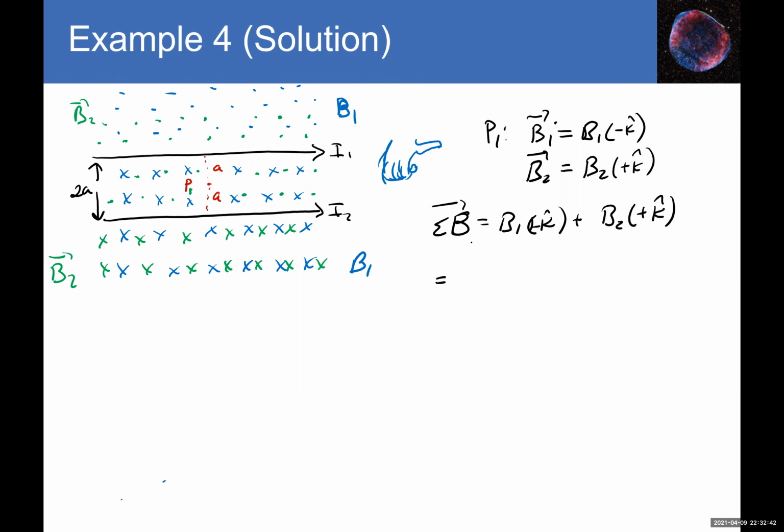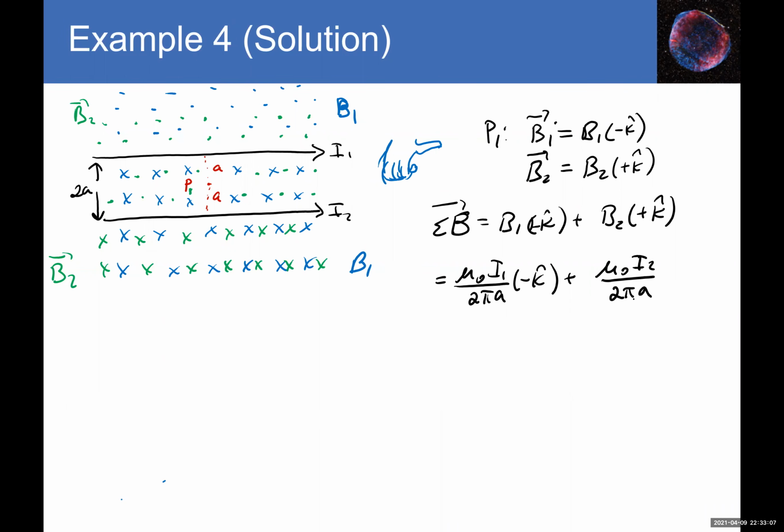Since it's a very long straight current carrying wire, the magnetic field will be given as mu naught I1 over 2 pi A negative K hat plus mu naught I2 over 2 pi A, because both of them have distance A from it, and then we have current 1 and current 2.